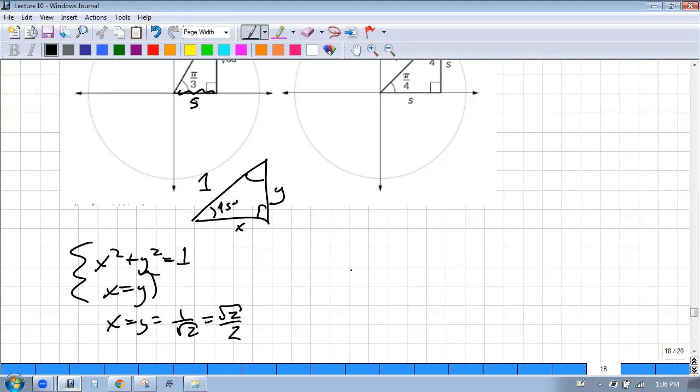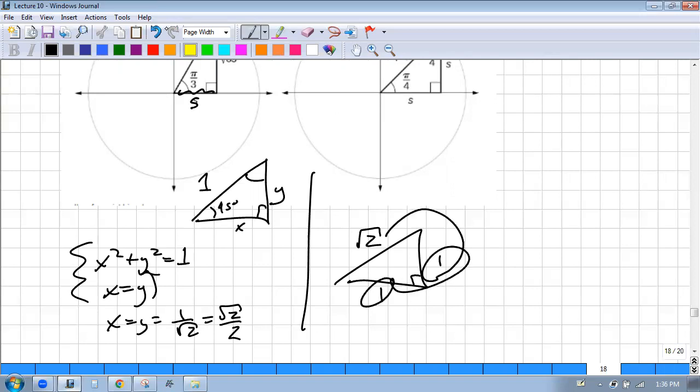Here's a quicker way. If this is 1 and this is 1, that has to be root 2, because by the Pythagorean theorem, 1 squared plus 1 squared is 2, which is c squared, so c has to be root 2.